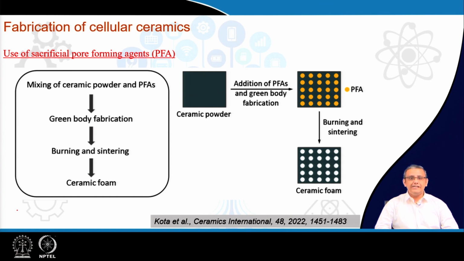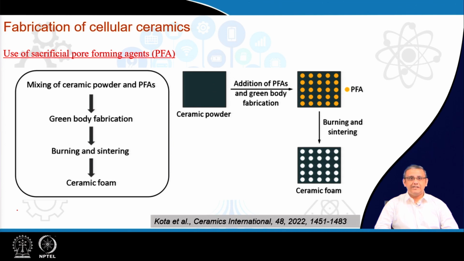A few important points to remember here: this process has become extremely attractive for fabricating porous ceramics, because it provides a very good means to control the porosity and pore morphology. The pores are designed to assume the dimensions and shapes of the initial pore forming agents, and that is why the dimensions and shape of the pore formers control the shape of the pores, and this way we can obtain a very well defined porosity in such materials.